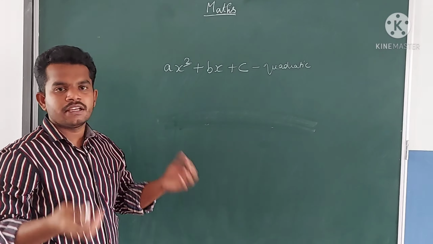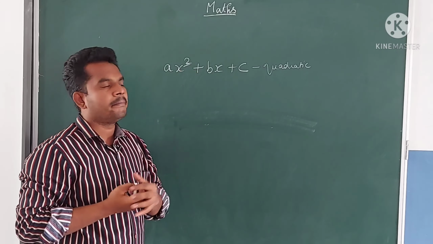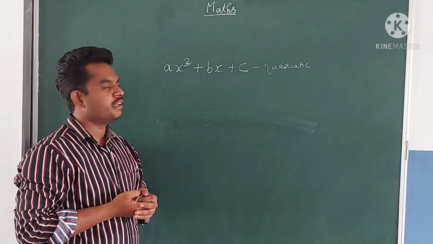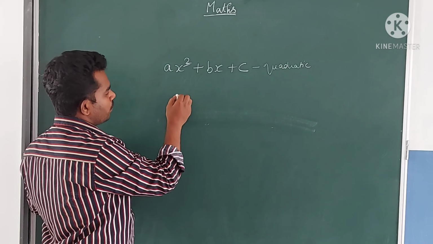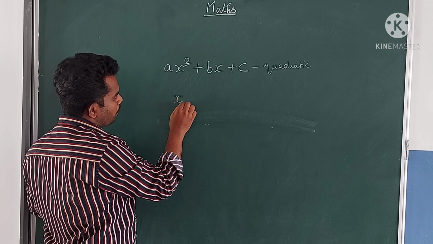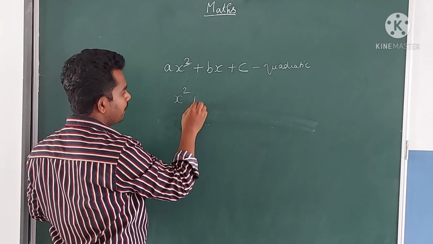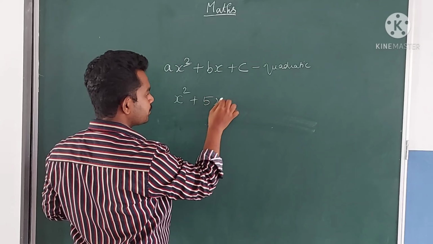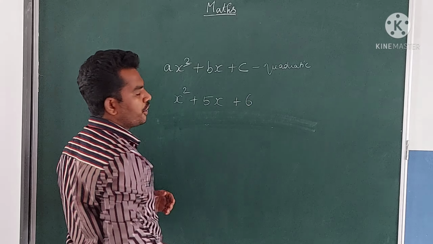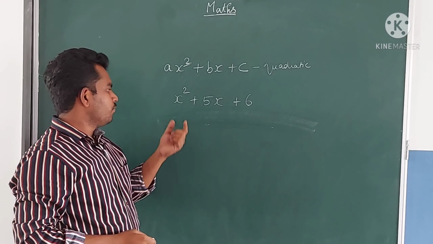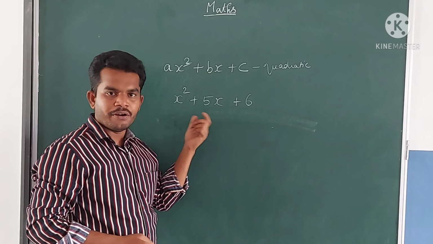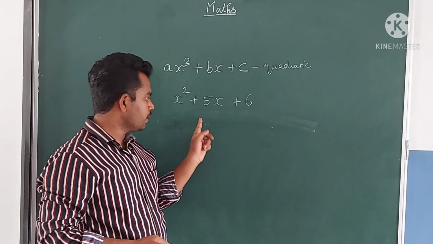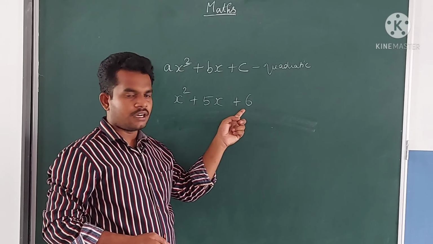How can we factorize the polynomial? The easiest one, I write an example: x square plus 5x plus 6. I already told you, for this type of polynomial, you should observe the last term and the first term.